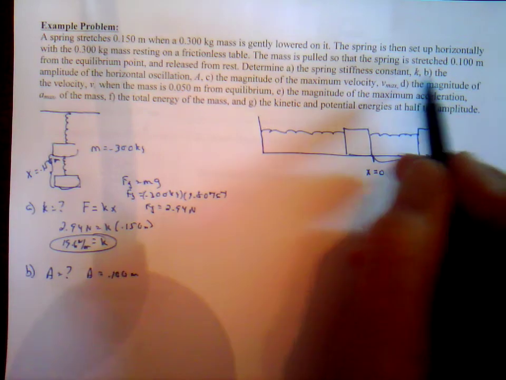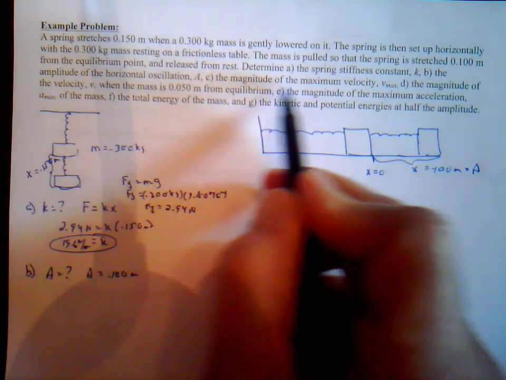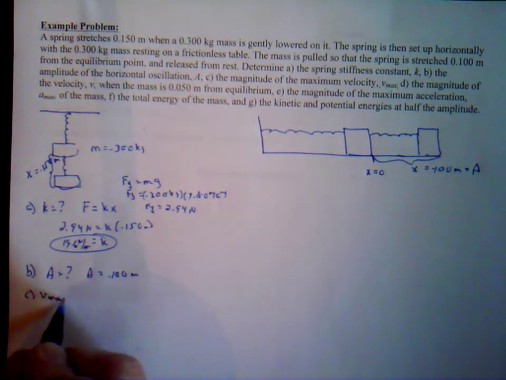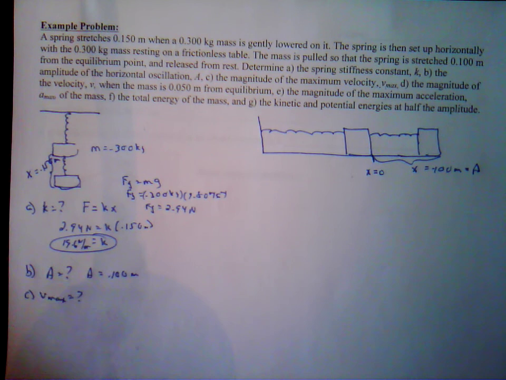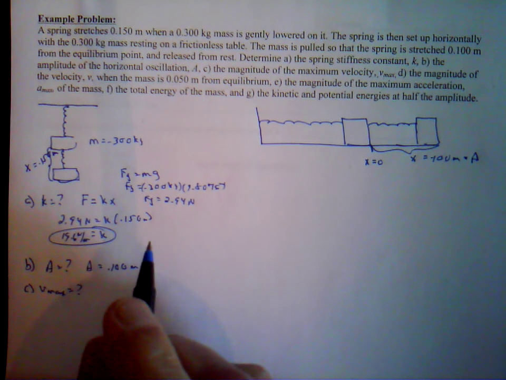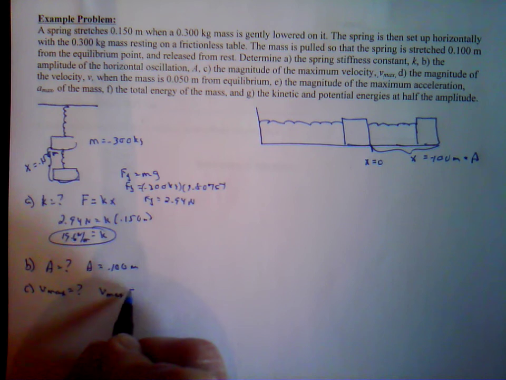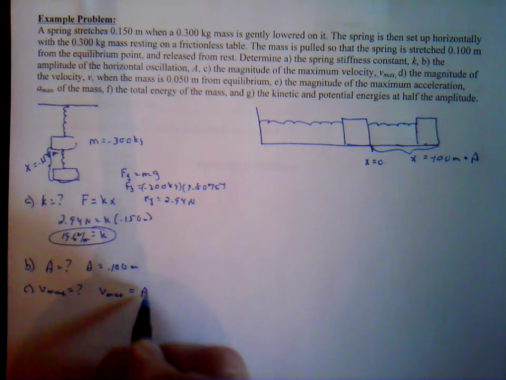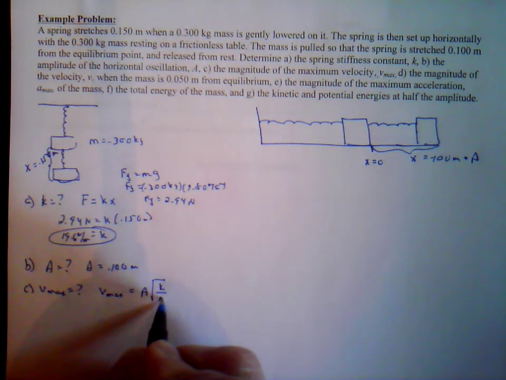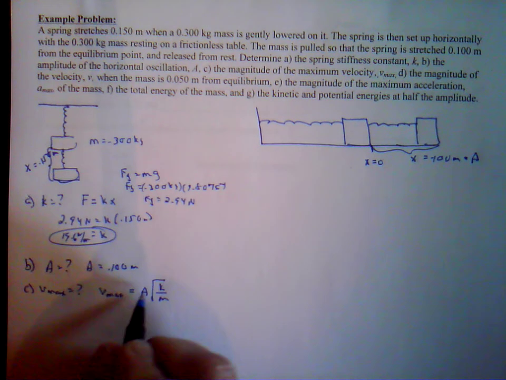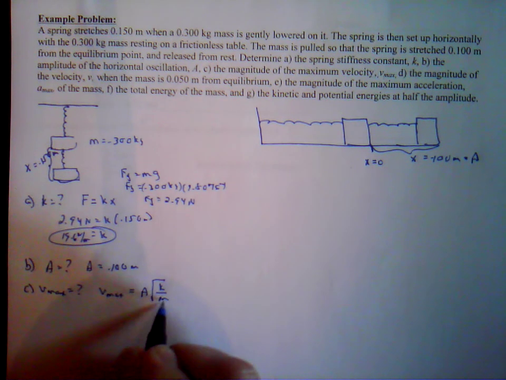Let's look at part C. The magnitude of the maximum velocity, Vmax. So part C, we want to determine the maximum velocity. Well, we have an equation for maximum velocity. The maximum velocity is equal to A times the square root of k over m. Let's just put this information in. We now know the amplitude, we know k, we know m.